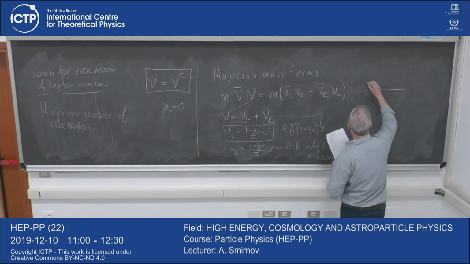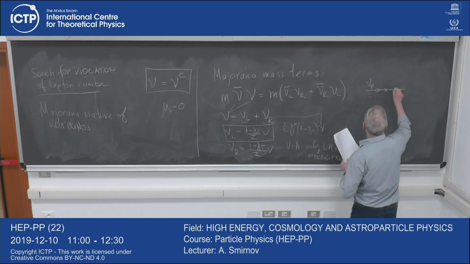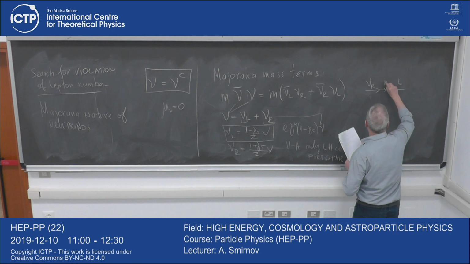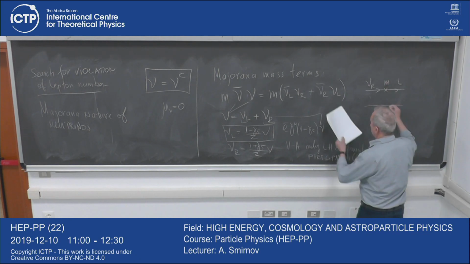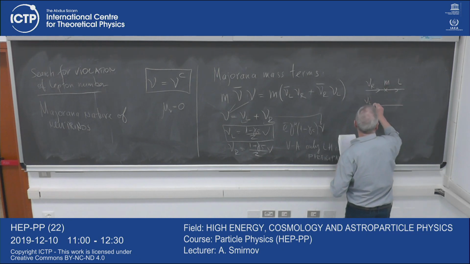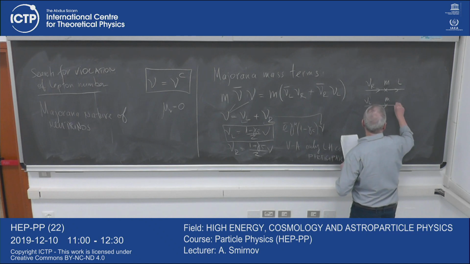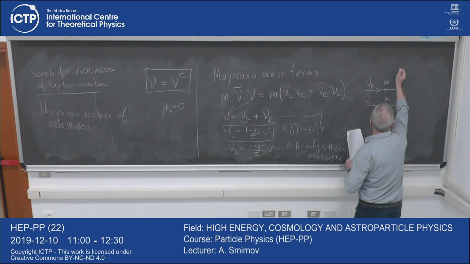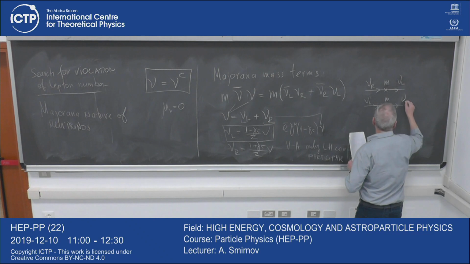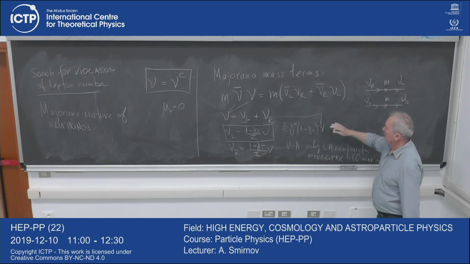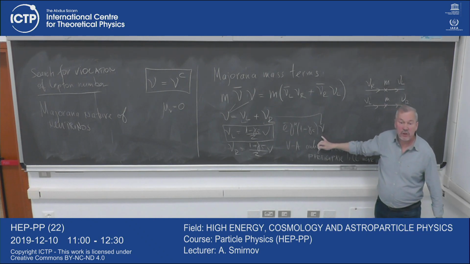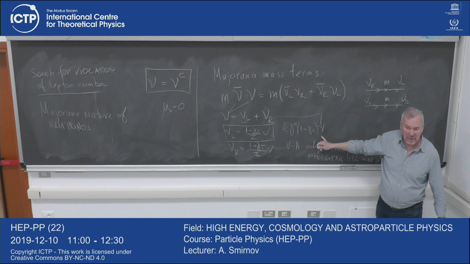For instance, if you take this one, you have nu right, then it will go to nu left, and this is the mass. Or the second: nu left goes, with the mass, to nu right. By the way, right components do not participate in charged current weak interactions.